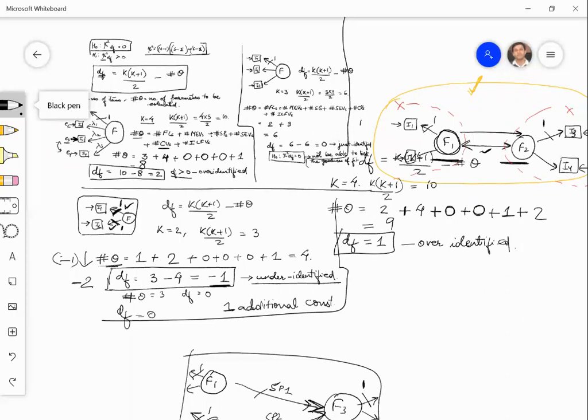We'll look at it when we run the software. You point it out, and then I will explain. Usually, when we talk about identification, the terms we use are over, under, and just identified. Maybe it is using unidentified there, since it comes under analysis properties and the numerical tab.